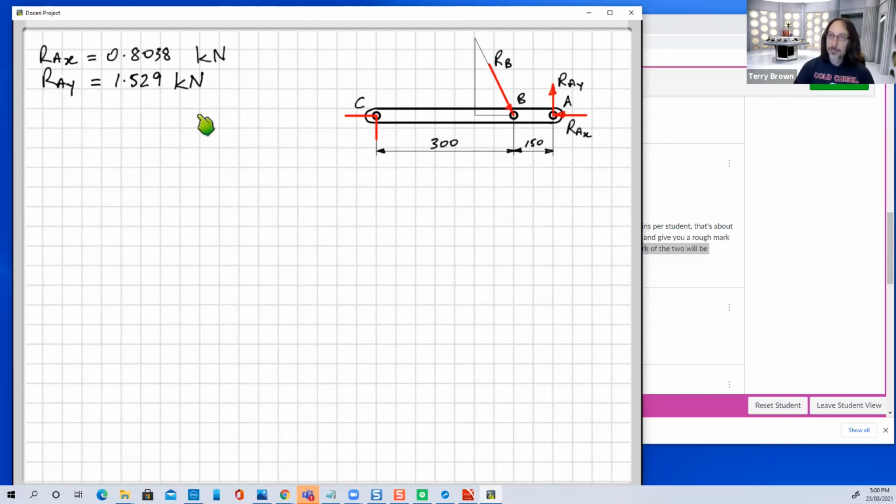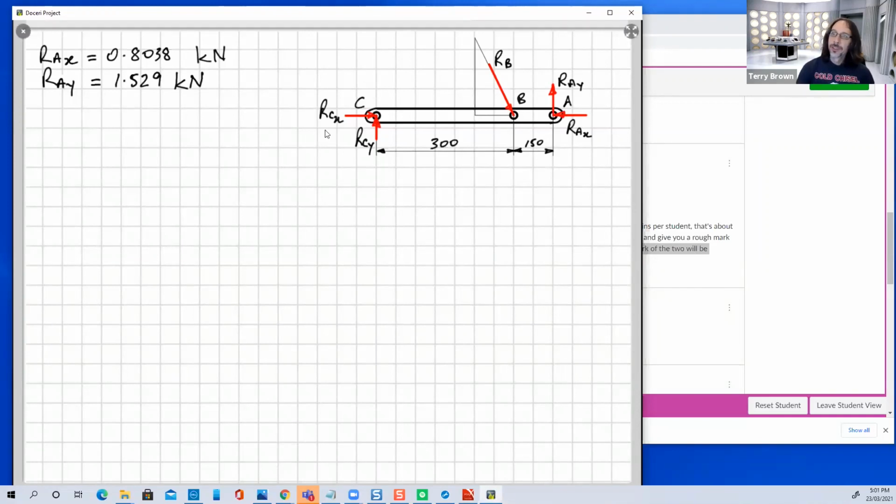Now I've just carried this stuff over from the previous page. Here you can again look at your free body diagram and try and work out the sense of these things, or you can just put whatever you like. If you're not sure, just put them in the positive directions. Okay, so I've assumed that and given them some labels.